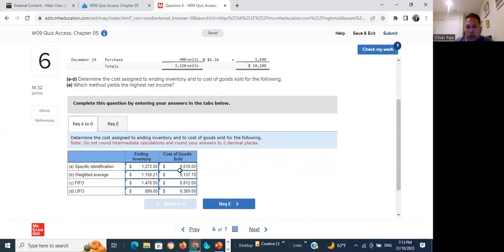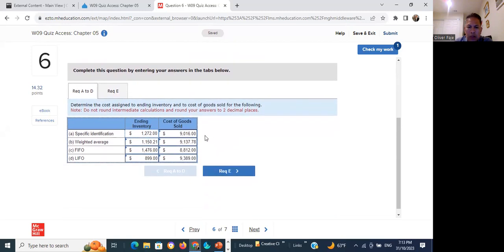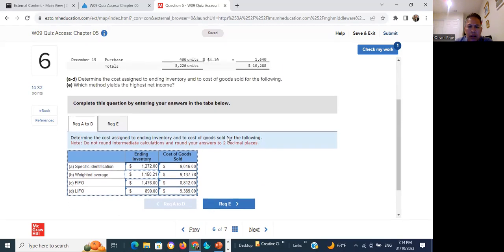To get the cost of goods sold, you have to subtract 1,272 from the total price, which is 9,016.